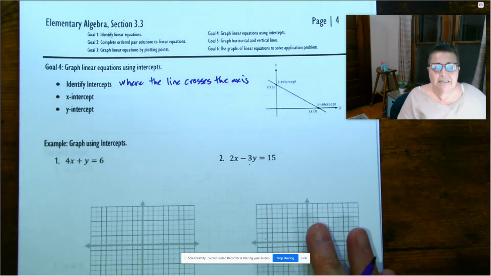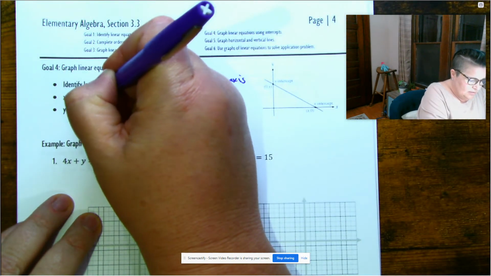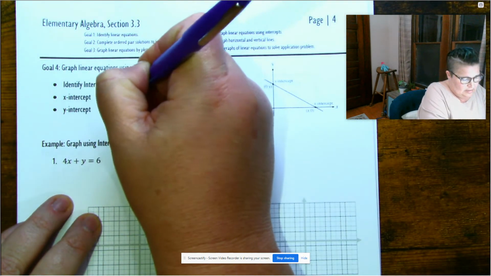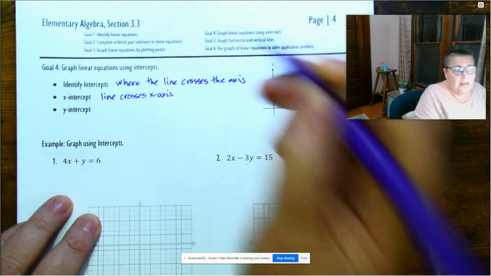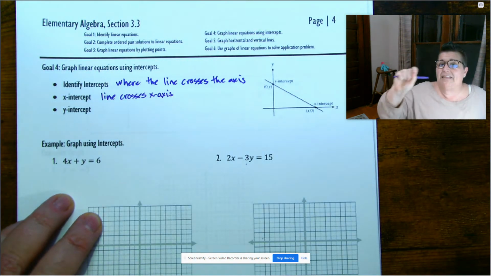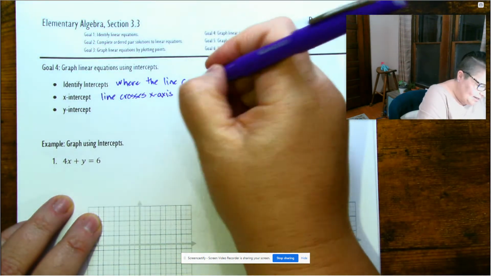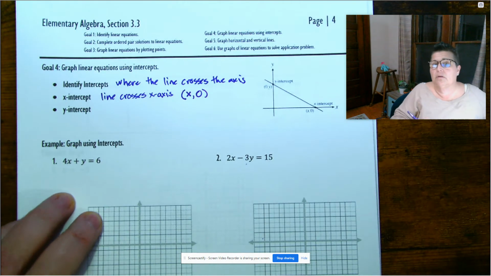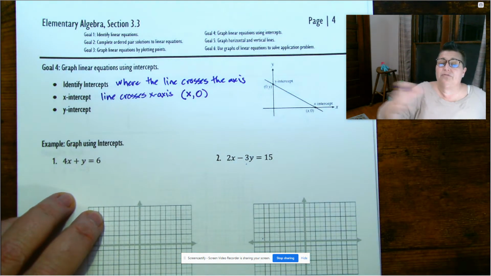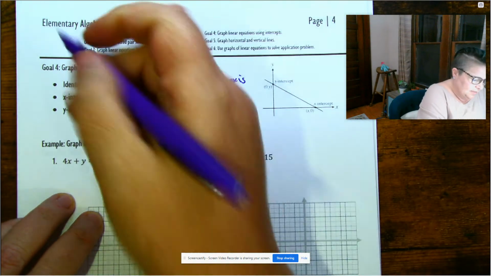And of course, the x-intercept is where the line crosses the x-axis. And because it's right at the x-axis, because that point is not above or below the x-axis, it always has coordinates x, 0, where x is some number left or right, but 0 means it's staying right there on that x-axis.